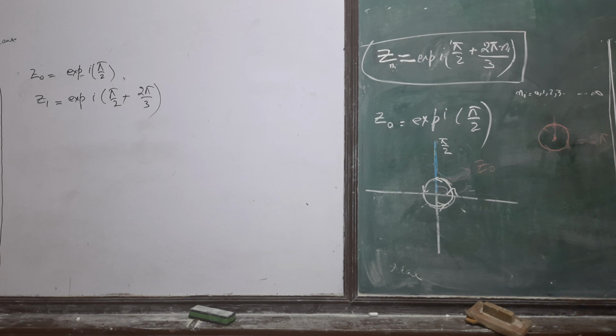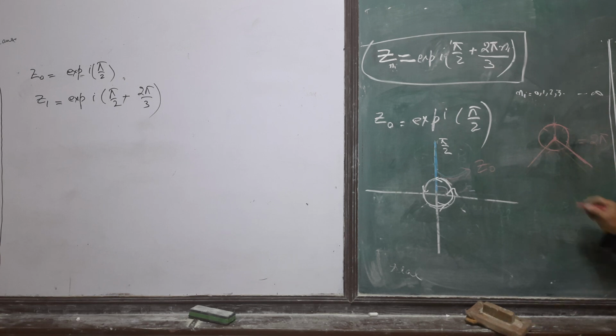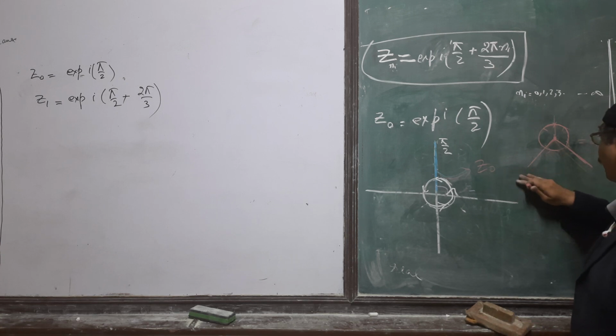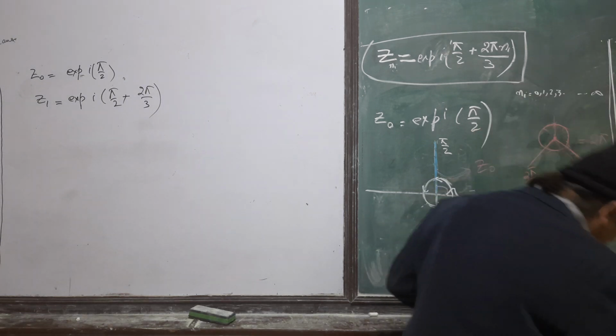If I divide it into 3 equal parts, this angle will be 2 pi over 3. So this will be your second angle.